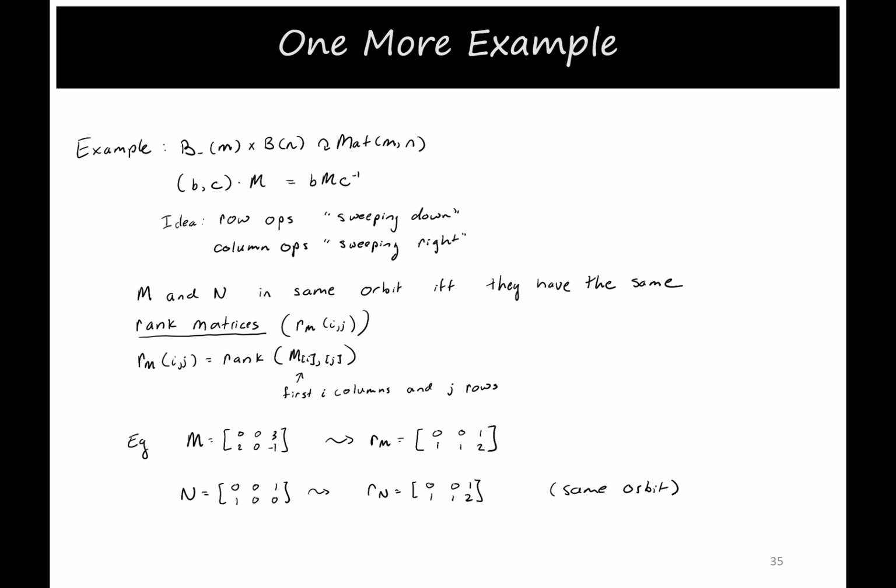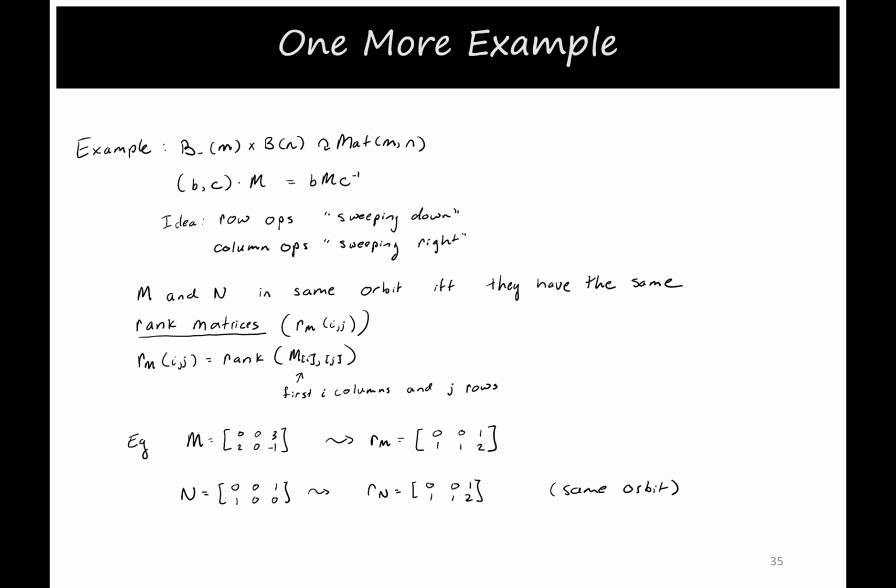What we do is instead of acting by GL_m cross GL_n, we act by B minus cross B of n. This B is for Borel subgroup, and the minus means let's take the lower triangular invertible matrices. And this B of n, we're saying, let's take n by n upper triangular matrices. And let's act on our matrix space, again, by this sort of base change action.